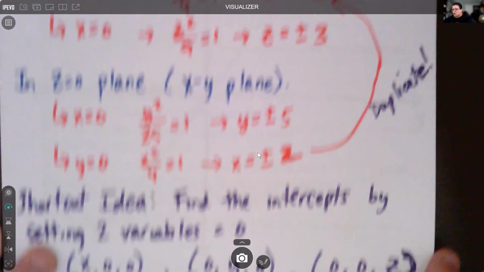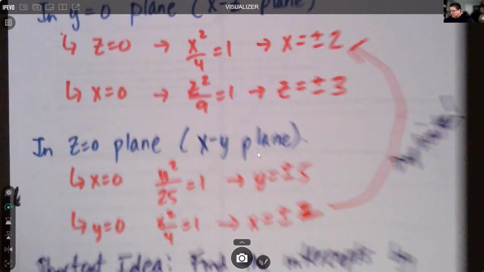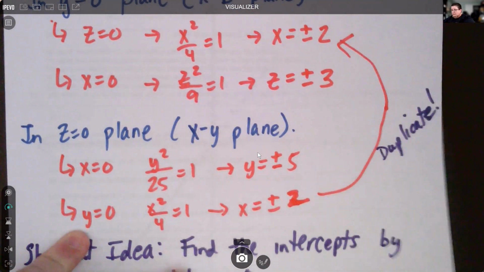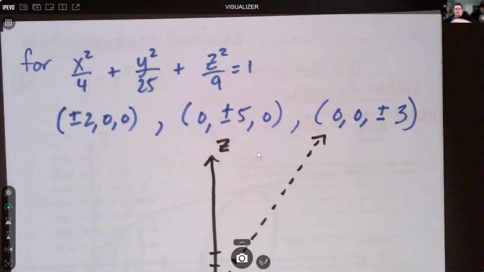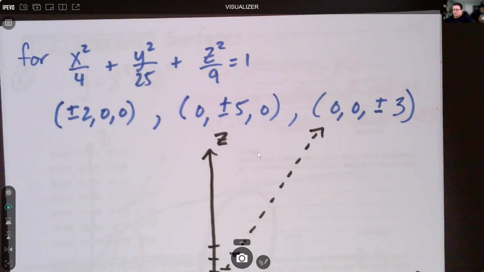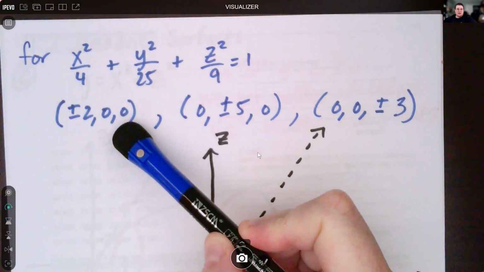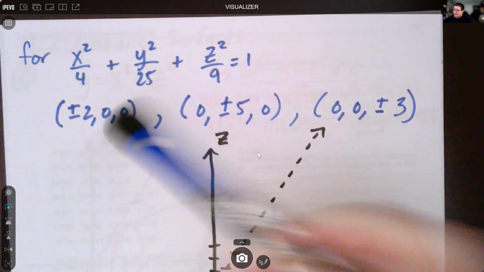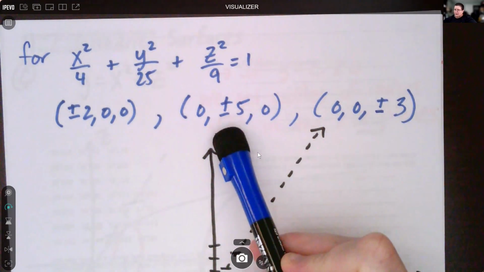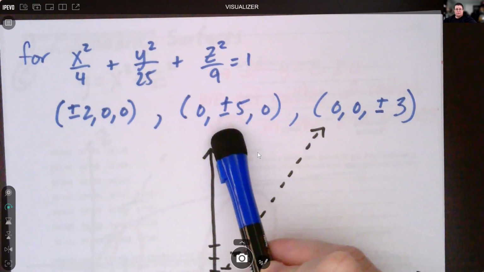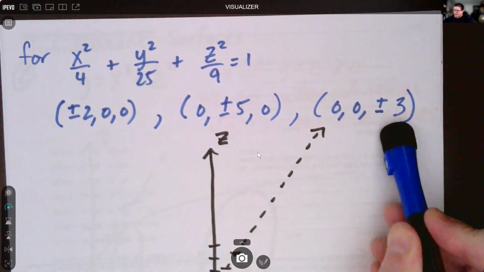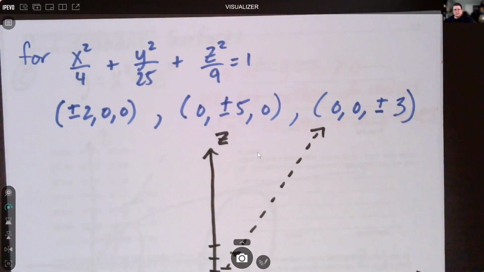So we'll draw that out right now. We had x equal plus or minus 2 when the other points were 0. So this gives us 2 points right here. When x and z were 0, we had plus or minus 5 for y. And this was our third set of points.